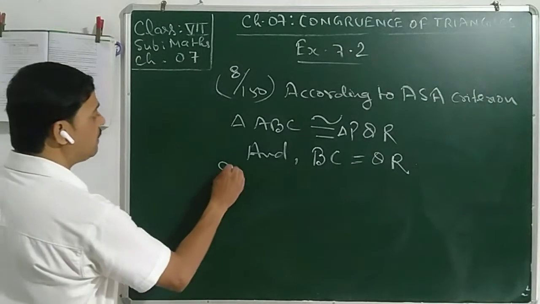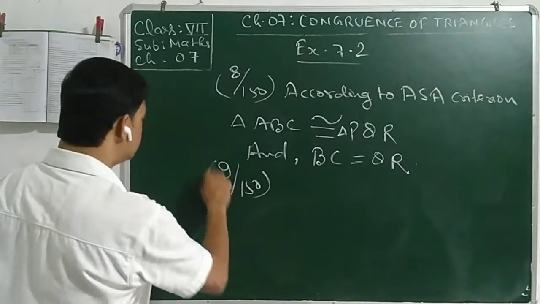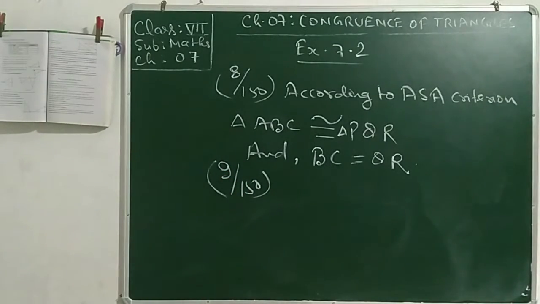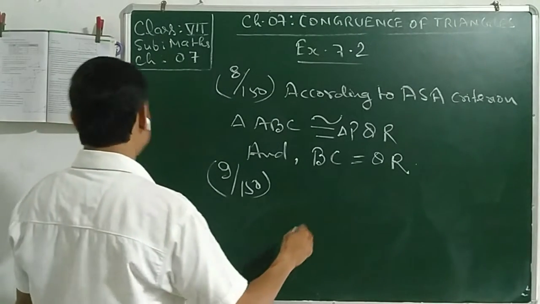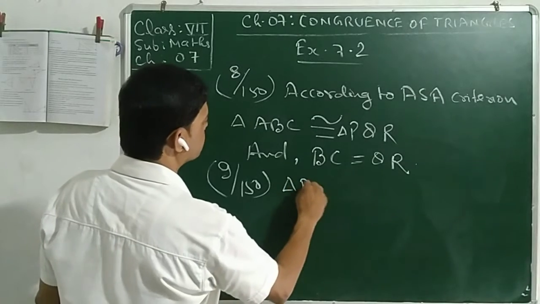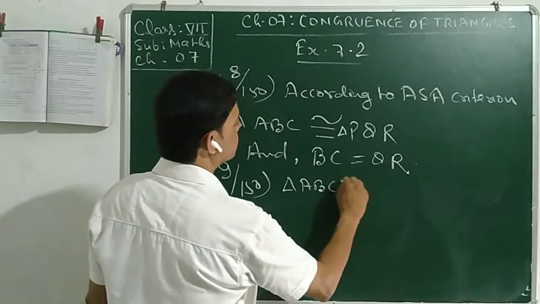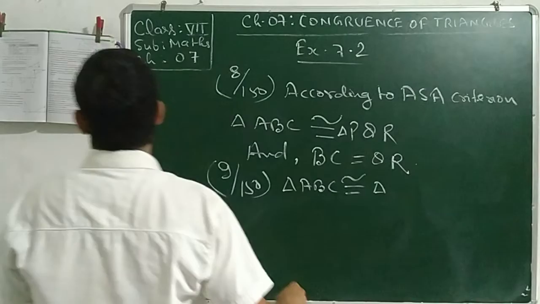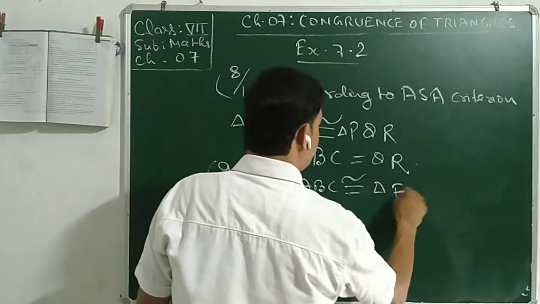Now in the 9 number sum, last sum, that is explain why triangle ABC is congruent to triangle FED.